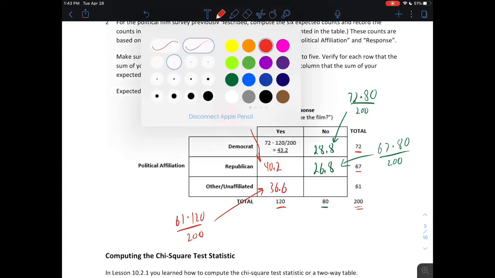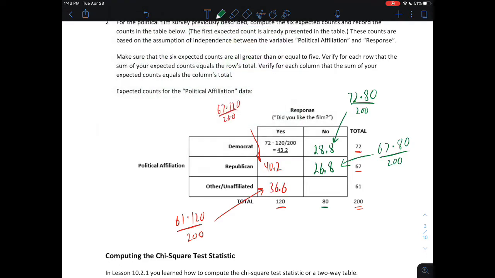And then finally, for the same row for other unaffiliated, take the row total of 61, multiply by the column total for the no's, which is 80, divided by the grand total, 200. 61 times 80 divided by 200. And that gives us 24.4. And if we check the row totals, 36.6 plus 24.4 does take us back to 61.